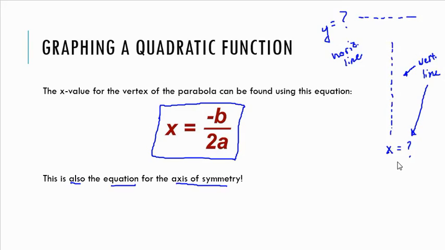So the equation for a vertical line is in the form of x equals something. Well, since we know that the vertex is on the axis of symmetry, and the axis of symmetry goes through the vertex, we can use x equals negative b over 2a to give us the equation of the axis of symmetry.